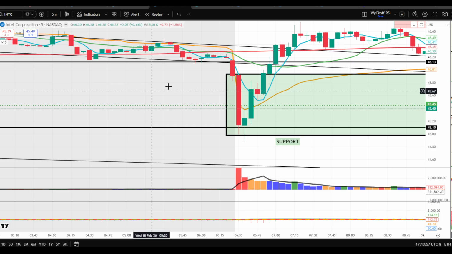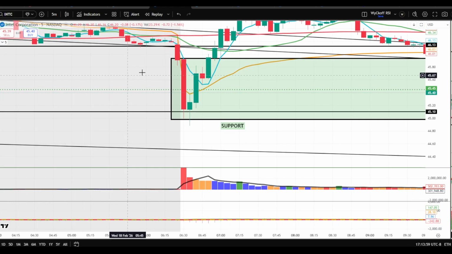But just going with the plan, the first 5 minute candle, and even initially at the pre-market, it was already dropping from $46 all the way down to 46.13 to 45.91, and then it continued aggressively in the first 5 minute candle from 45.92 all the way down to $45.